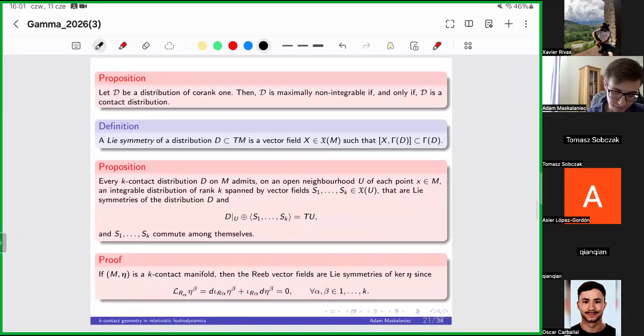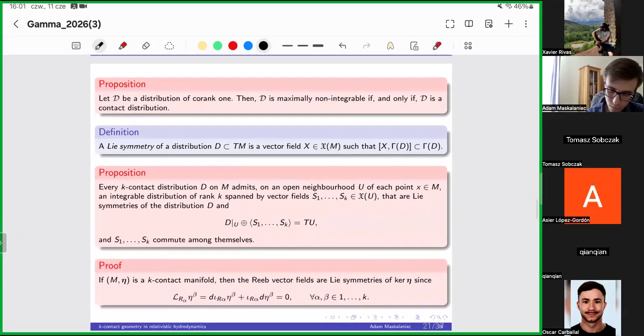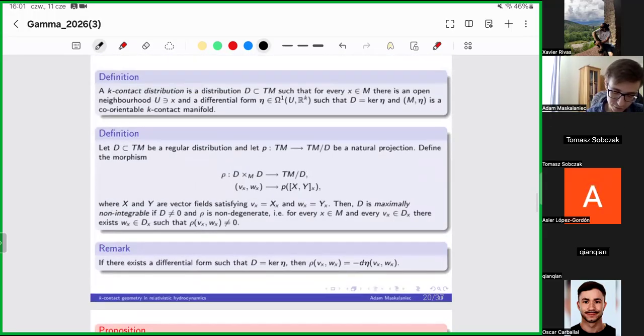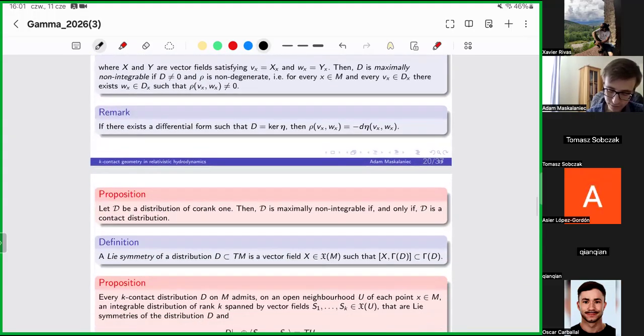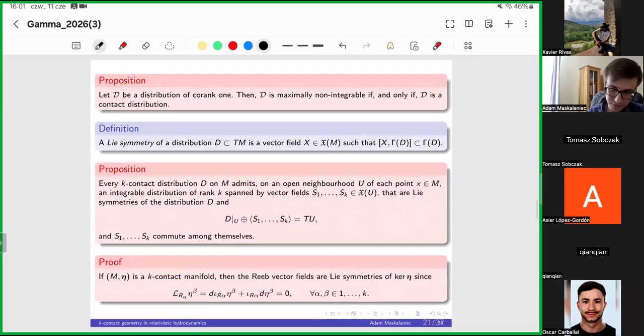So if D is a distribution of corank 1, then D is maximally non-integrable if and only if D is a contact distribution. So if we would like to characterize the contact distributions for k equal to 1, then this first condition of maximal non-integrability is equivalent to D being a contact distribution.